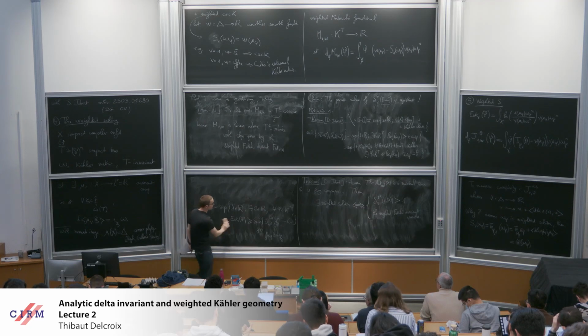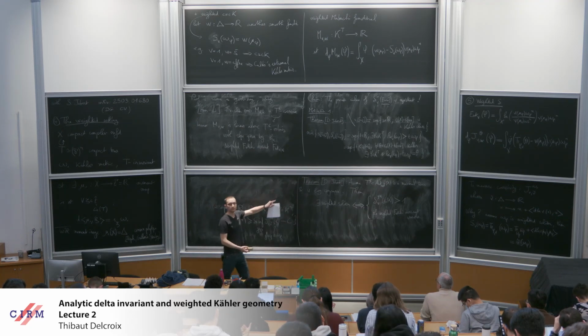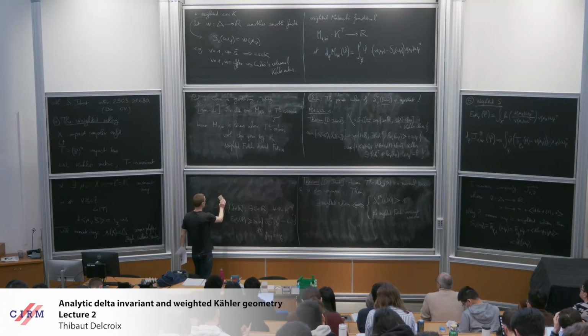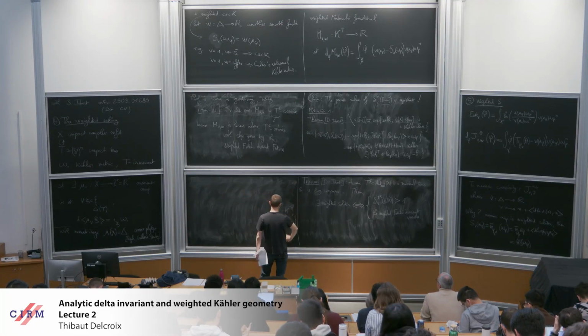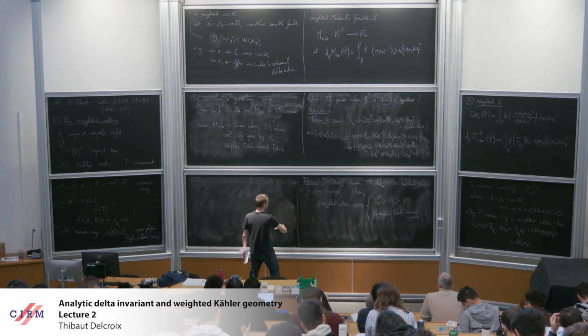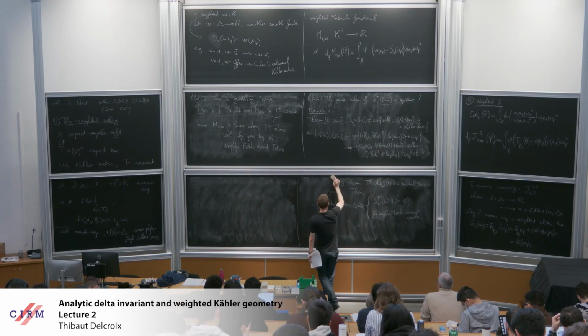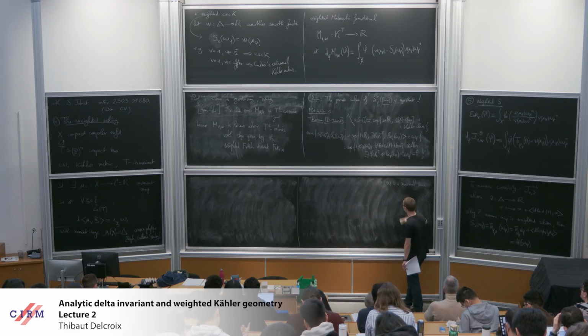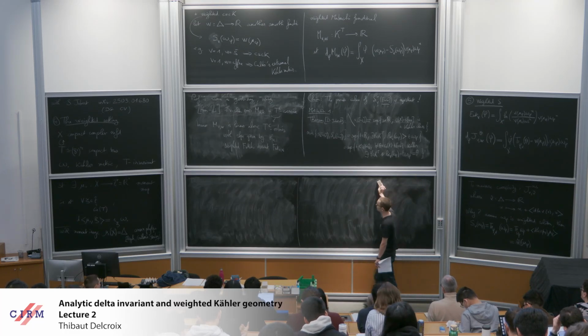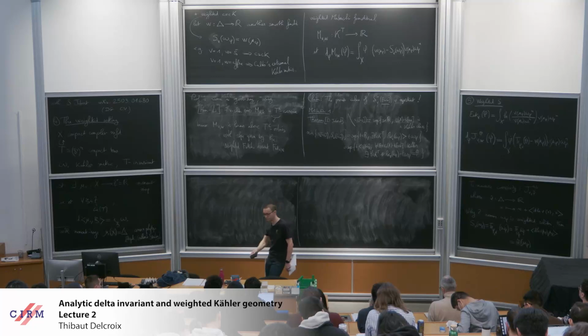So this is more of an information about the K-unstable case, if you want. Now we want another type of thing, a sort of positive result. And I'll give an existence sufficient condition for weighted cscK metrics.